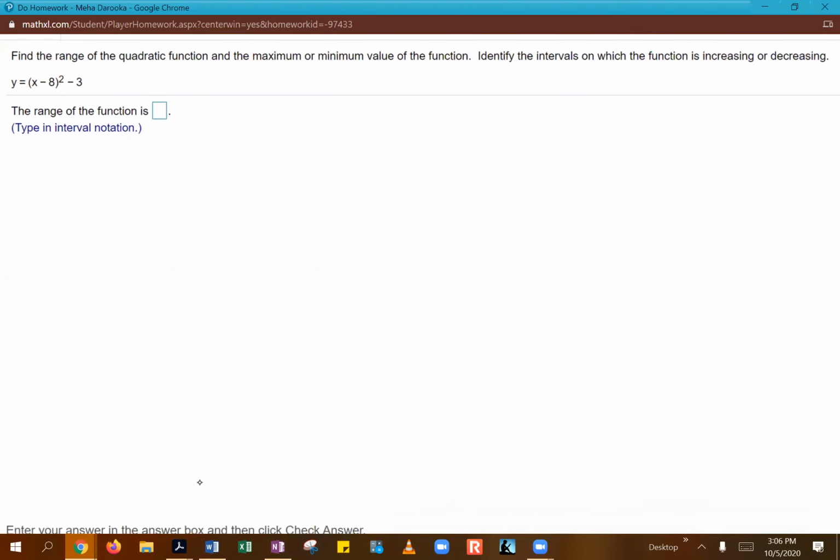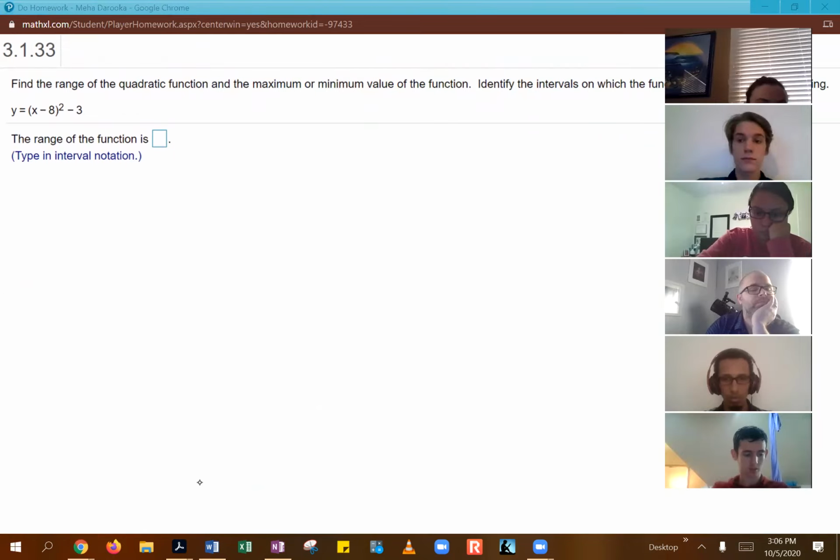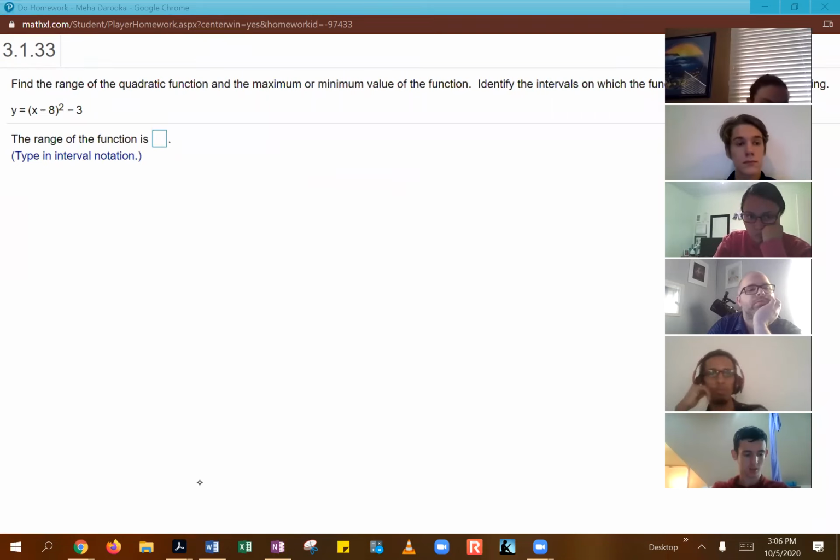They're asking us to find the range, the maximum or the minimum value, and then they want to know the intervals over which the function will be increasing or decreasing. Step 1, what is the vertex of this parabola?